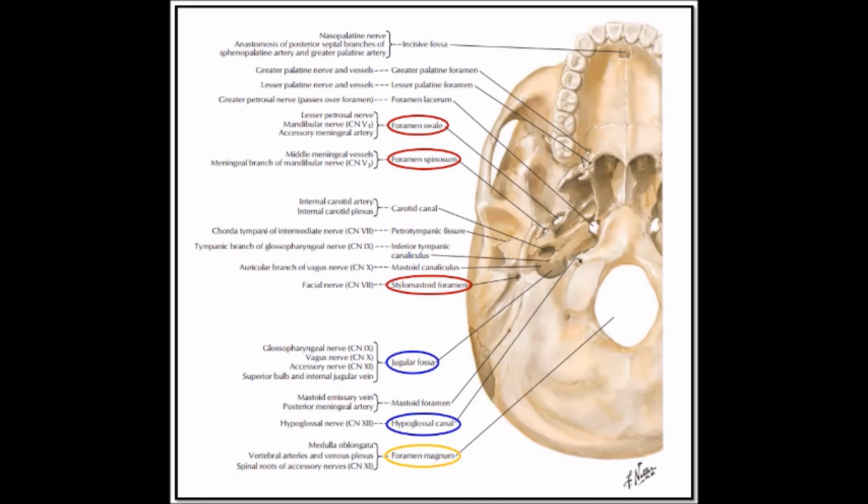From there, do take note of the jugular fossa, as it transmits 3 cranial nerves, namely the glossopharyngeal nerve, which is cranial nerve 9, the vagus nerve, cranial nerve 10, and the accessory nerve, cranial nerve 11. We also have the hypoglossal nerve, cranial nerve 12, and it passes through the hypoglossal canal. A nice one to remember, as they do share the same name.